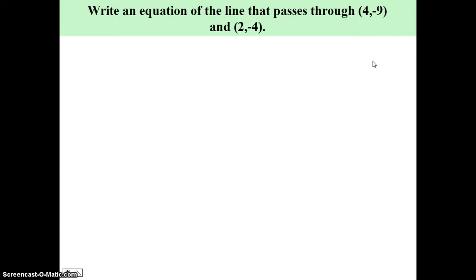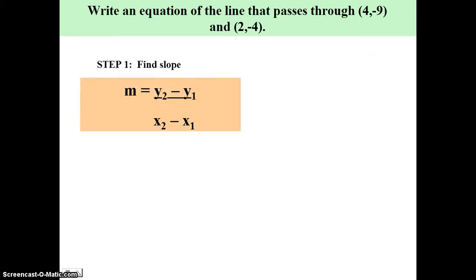I can also write an equation of a line if I have 2 points. You have already spent time finding rate of change, finding slope. So first of all, you can take those 2 points and find the slope. So you've got y values, you've got x values. So let's put in negative 9 minus a negative 4 over the 4 minus 2.